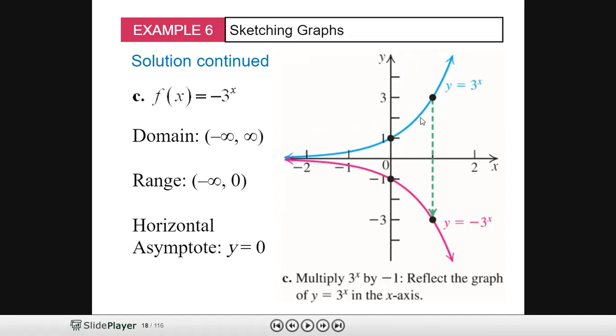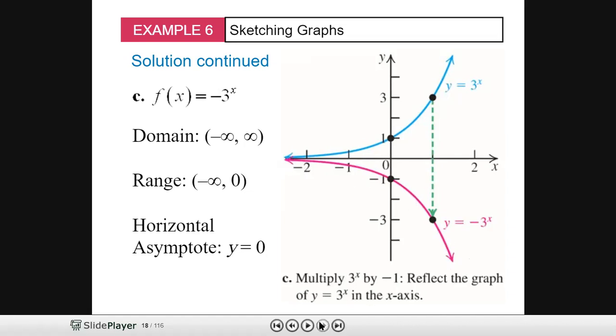Reflection is actually the mirror image. If you put a mirror in front of that, you will get this type of graph. Now this was for the upside, and this is now downward. This is due to this negative sign, and it will go in this way and this way.